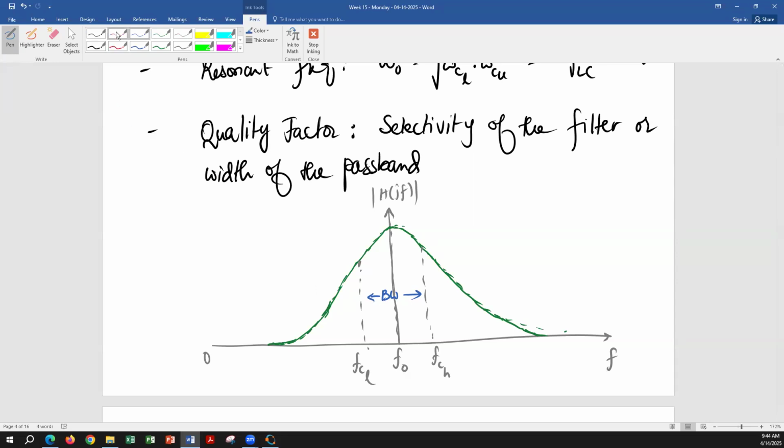Now, you can have the same filter with the same bandwidth, but with better selectivity. Something like that.